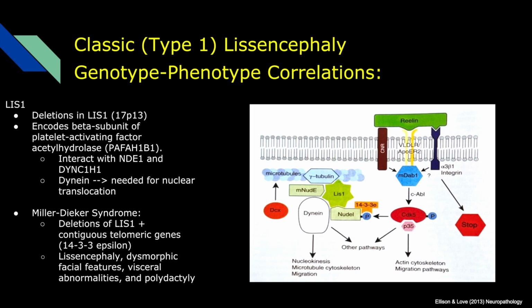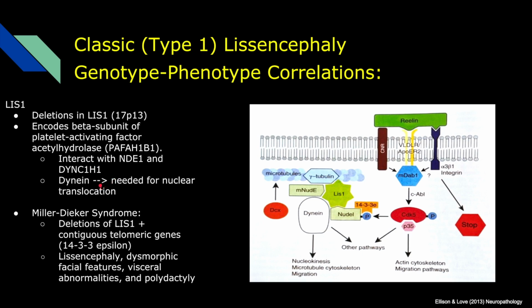So let's just go quickly through these. Again, lissencephaly, LIS1, this protein here, interacts with both tubulin and dynein. It encodes the protein called beta subunit of platelet-activating factor acetylhydrolase, PAFAH1B1. And again, this really interacts with dynein, which is required to pull the nucleus during migration along these tubulin fibers.